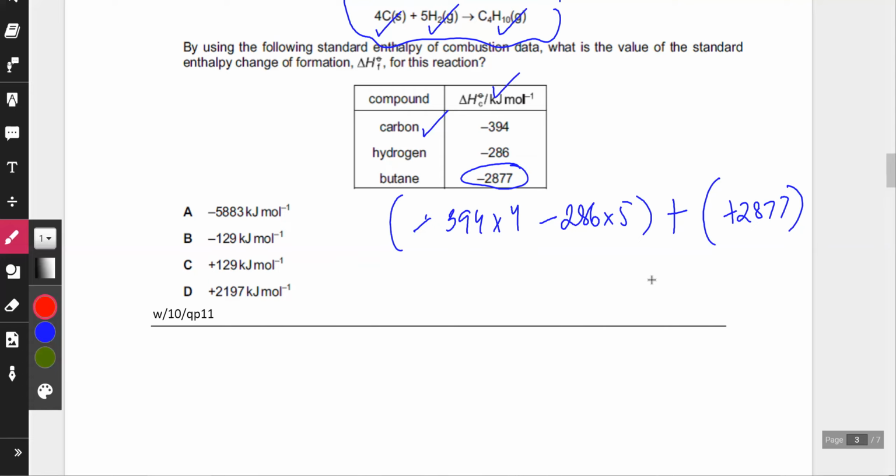Oh, so it's B then, I think. Okay, so it's B.